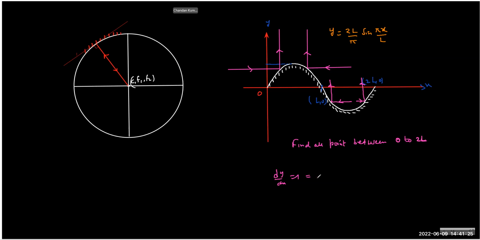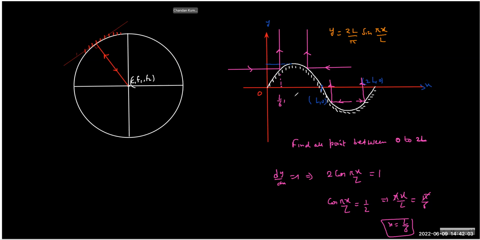And therefore, if you differentiate, you get 2L by pi into pi by L, which is 2. 2 is left, na? 2 cos pi x by L is equal to 1. So pi x by L is equal to pi by 6. X is L by 6, correct?